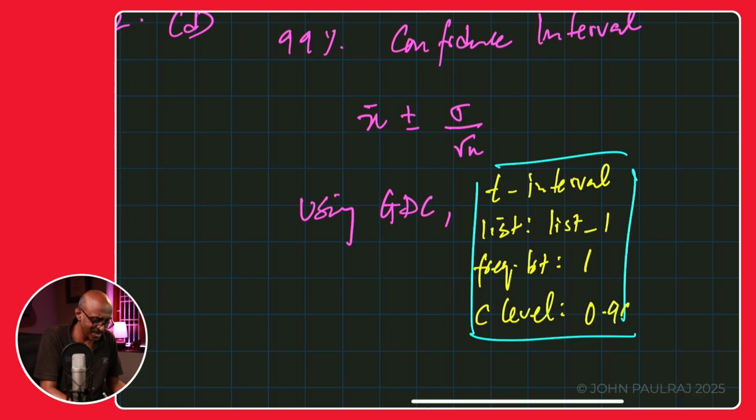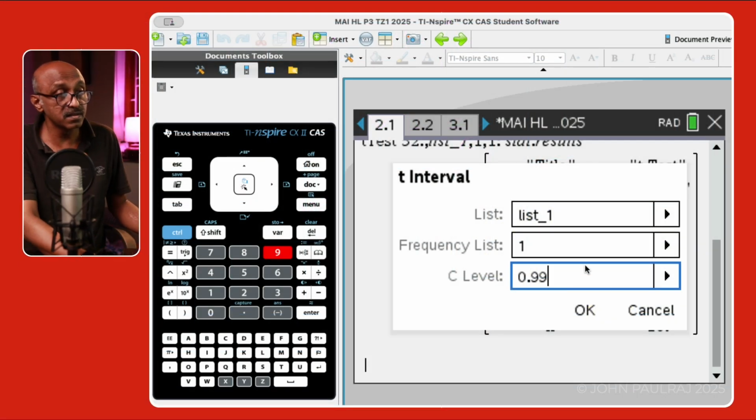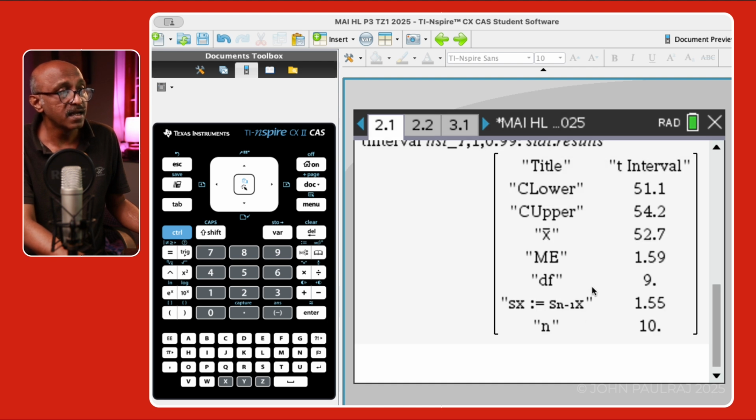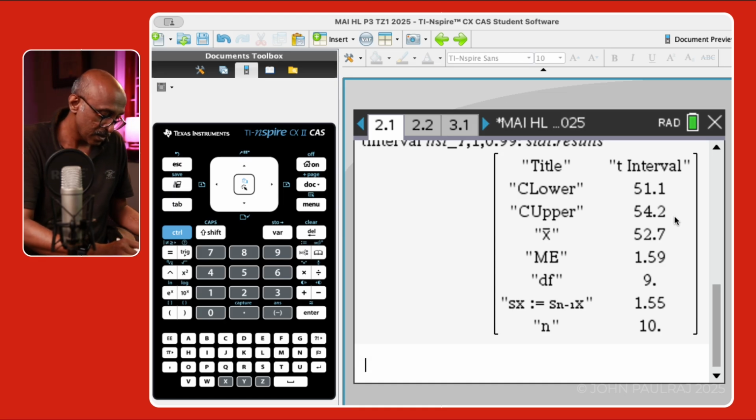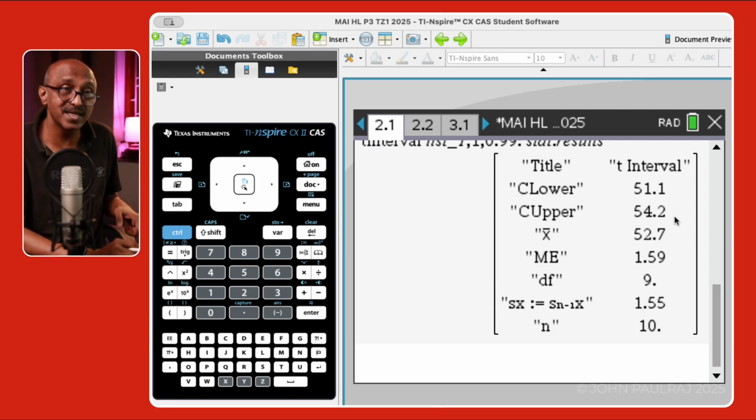Just copy down exactly what you can see on the calculator, then hit enter, and you can see that the lower is 51.1 and the upper is 54.2. So using the GDC, we've calculated the 99% confidence interval as 51.1, 54.2. As I said, we don't need to use a formula to calculate, but that is the formula.